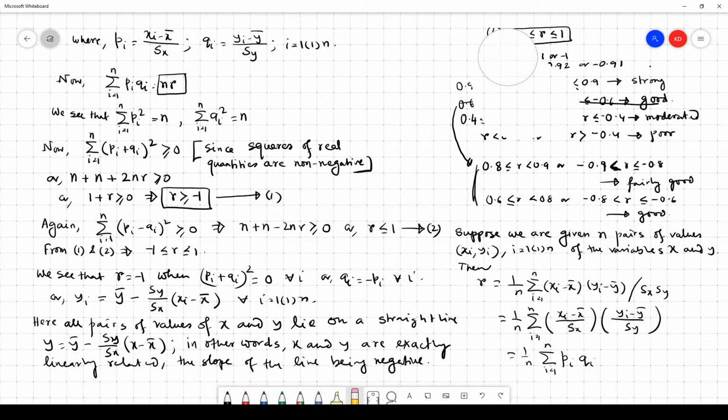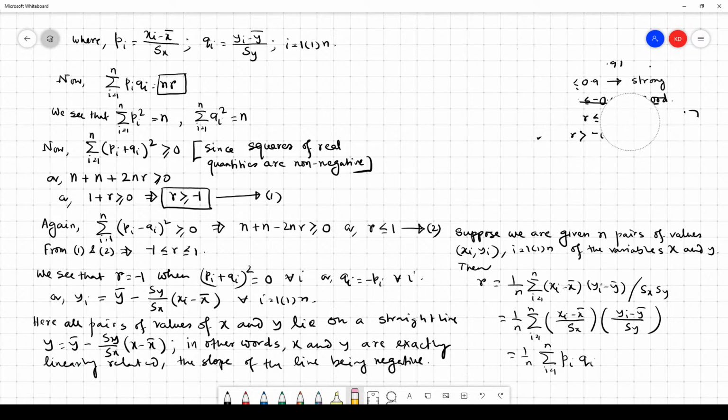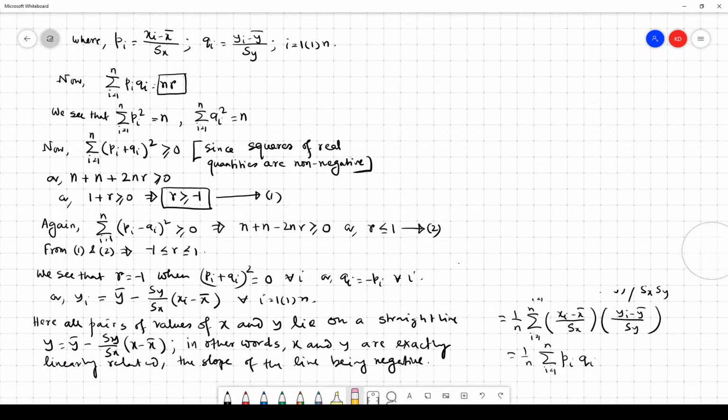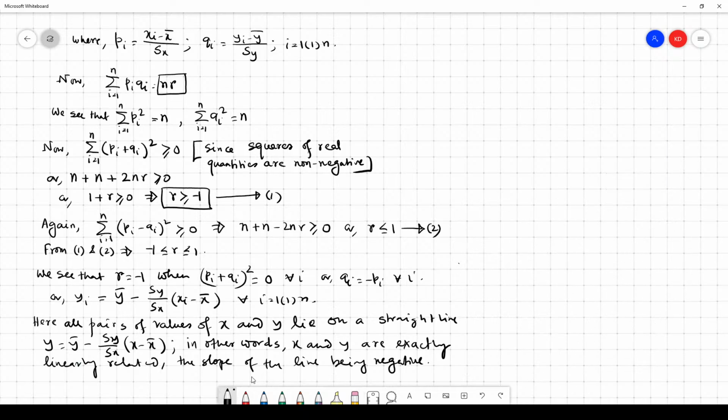Similarly, r equals 1 when for each i, pi minus qi whole square equals 0, and after substituting the values of pi and qi, we get yi equal to y bar plus Sy by Sx into xi minus x bar.